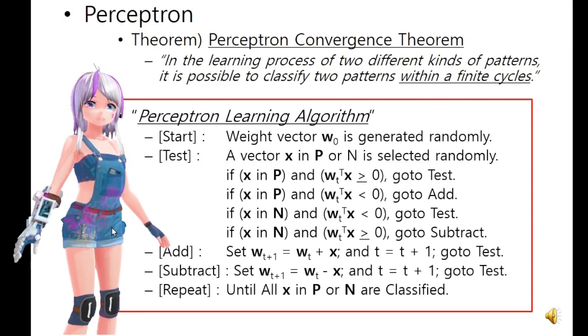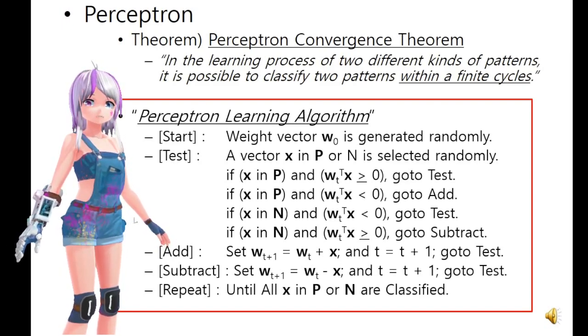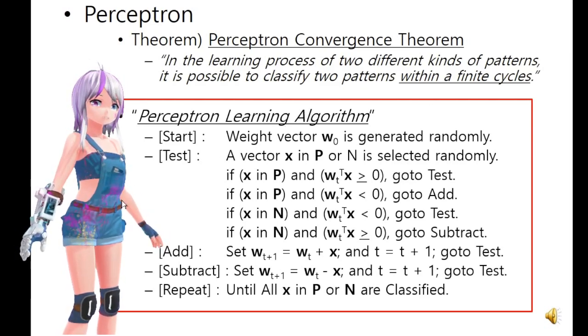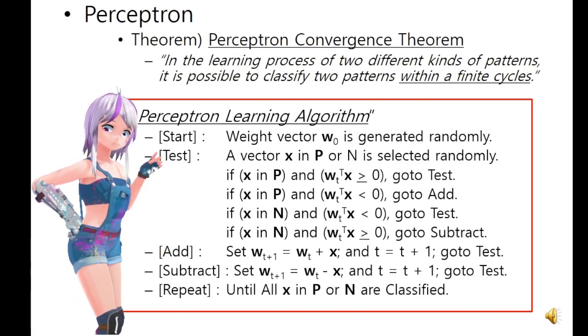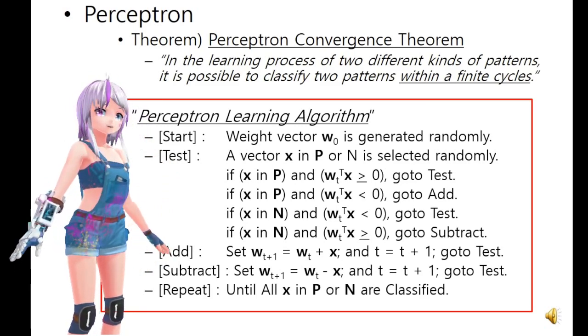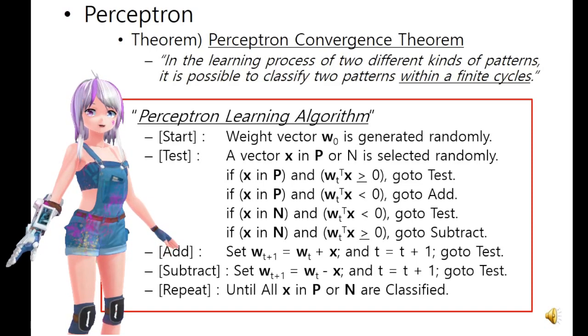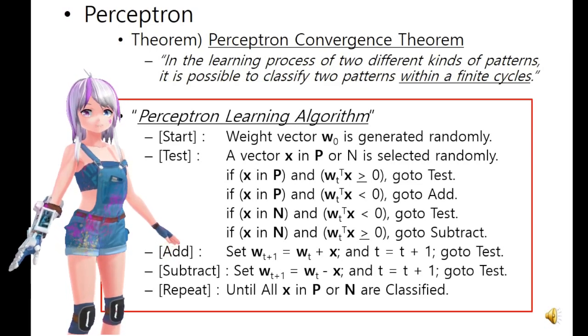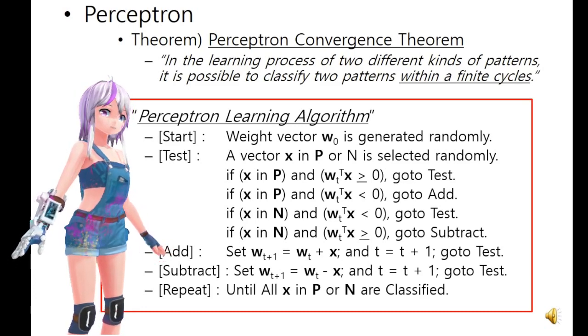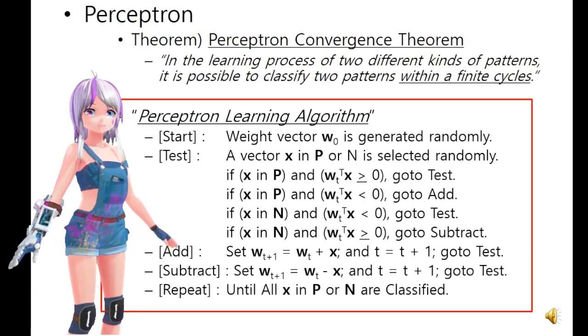From the third line below, we have add: set Wt+1 equals Wt plus x and increase t by 1, and we go to test. We check another training vector. So what is add? The next weight parameter is the old parameter plus the input vector. This plus sign is one of the simplest operations, and effectively it will rotate the W vector towards x.